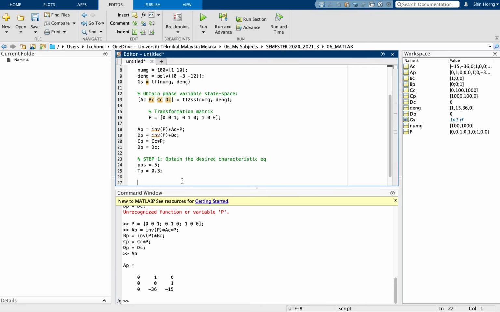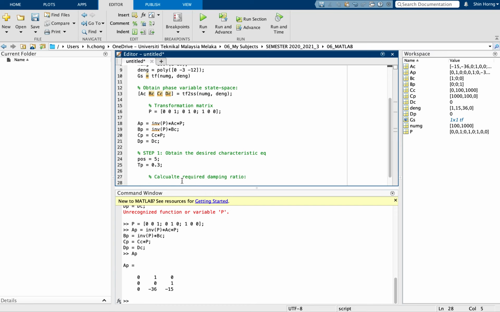Now I need to calculate the required damping ratio. We just type the formula. We want to get the zeta, right?